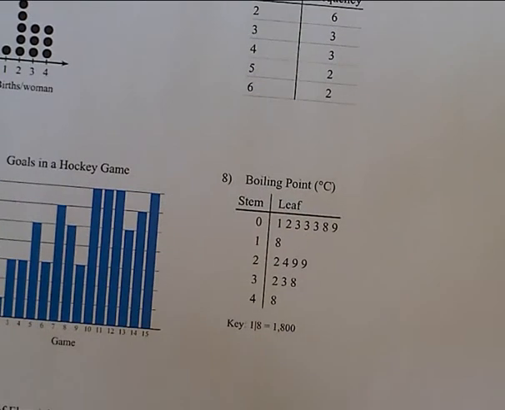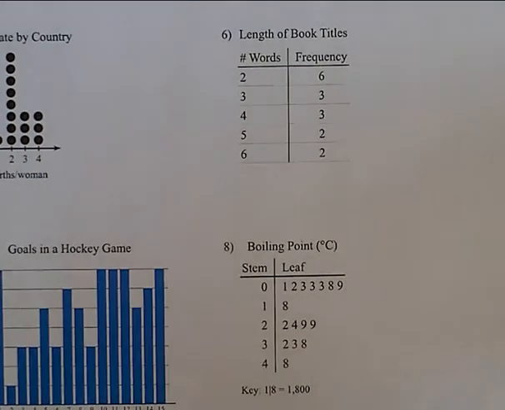Now, number 8 is a stem and leaf. What's important to notice about a stem and leaf is that the numbers are there, but they've been split up according to digits.